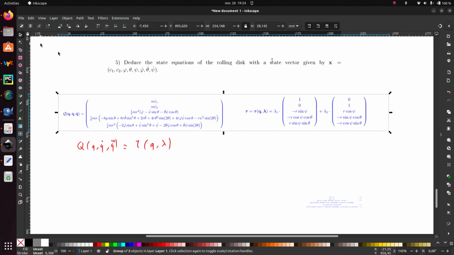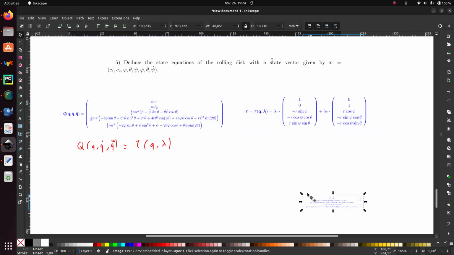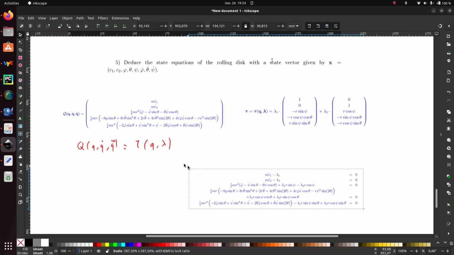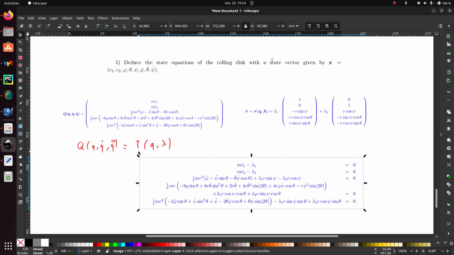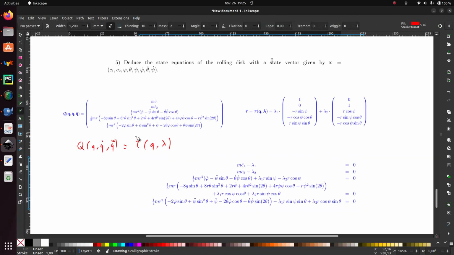If I rewrite this equation, I obtain 5 equations given here. Okay, so it means that this one has been put on the left hand side, and here I have put equal to 0. So I have 5 equations, one here, one here, one here, one here, and one here.